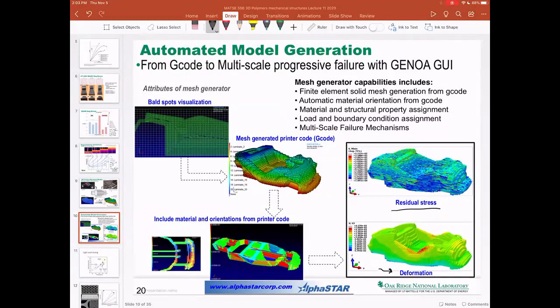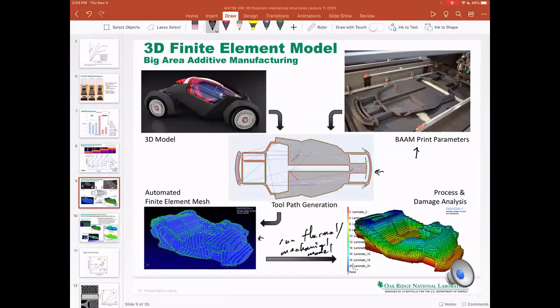But the upshot is that this model had to be developed from scratch for this printer, for this model, for this toolpath. And so we haven't talked a lot about how different models require different toolpaths, but toolpath is just how the model is traced as a function of time, layer by layer. And so you can learn about that in other additive courses.